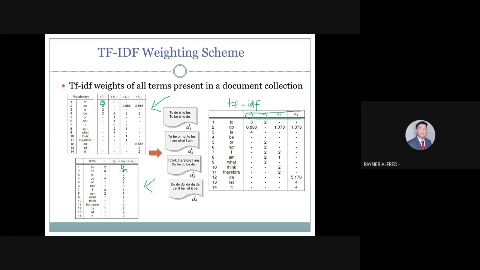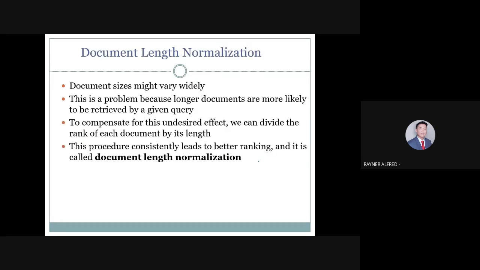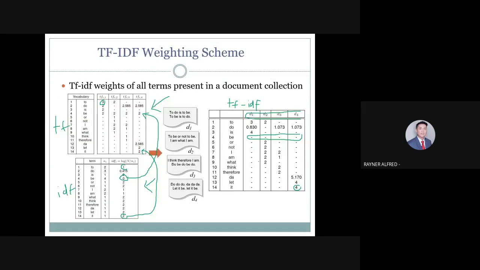Notice that we have cancelled out the weightage here because we have 0, and if we multiply with this, all 0. This one we multiply with the last one, we get 4. So this is your TF, this is your IDF, and this is your TF-IDF.